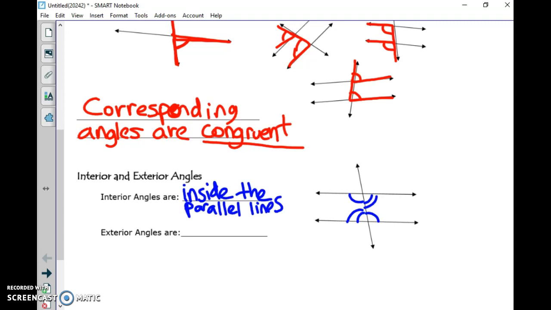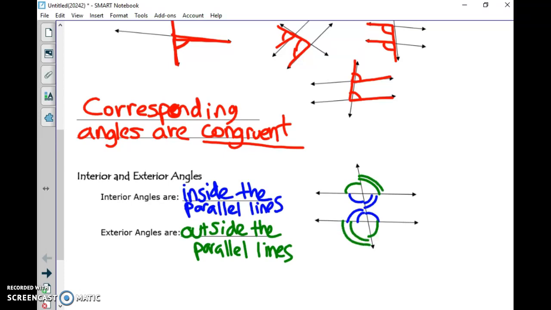And then we also have exterior angles, you can imagine, are outside the parallel lines. I'm going to label them on this diagram in green. So we have some here, and here, here, and here. So interior is in between, and the exterior angles are out. Okay.